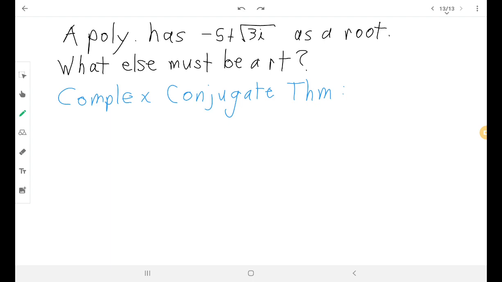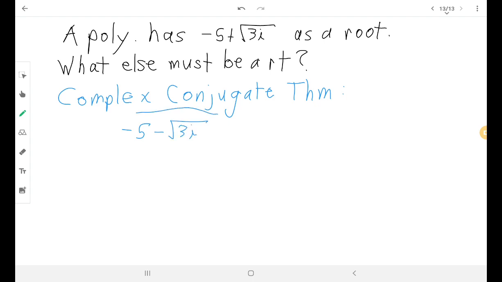If I tell you that a polynomial has a root of -5 plus the square root of 3 i, then another root has to be, by the complex conjugate theorem, the other pairing, which is -5 minus the square root of 3 i.